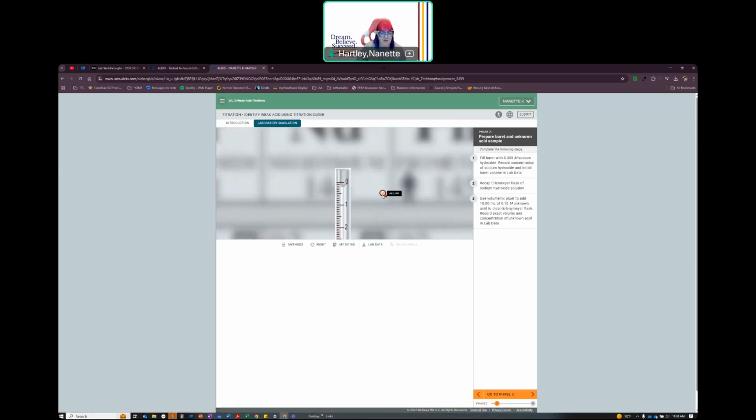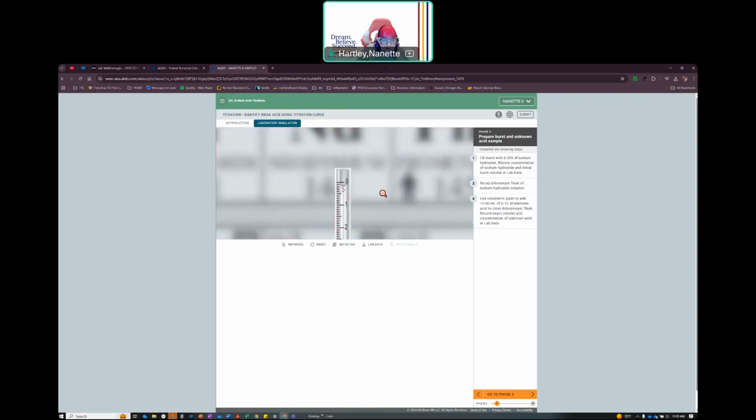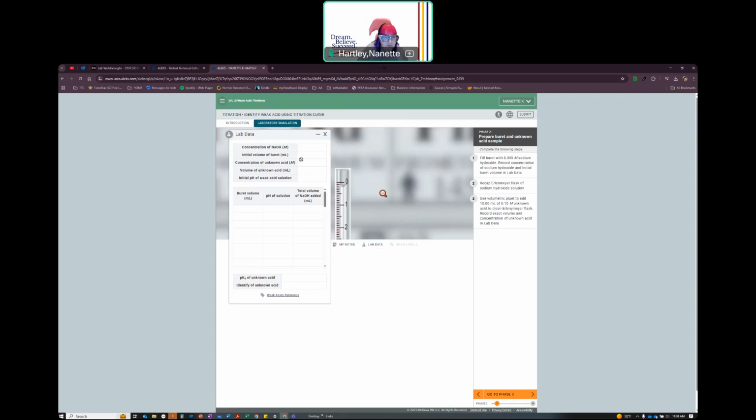I need to scroll in a little bit. Oh, wait, I want to zoom in. So I know looking at my meniscus, I'm at 0.1, roughly 0.2. So I'm going to put that as 0.2. So my concentration, I'm going to look at it in just a second.